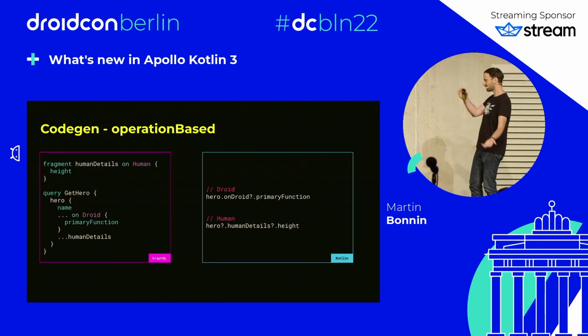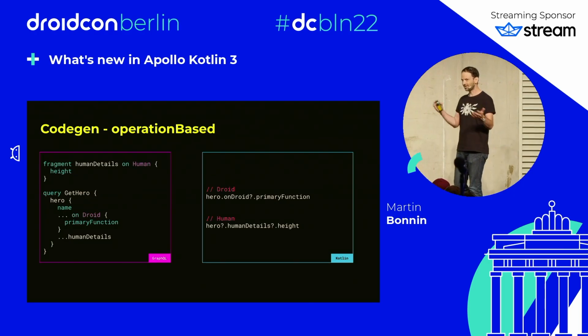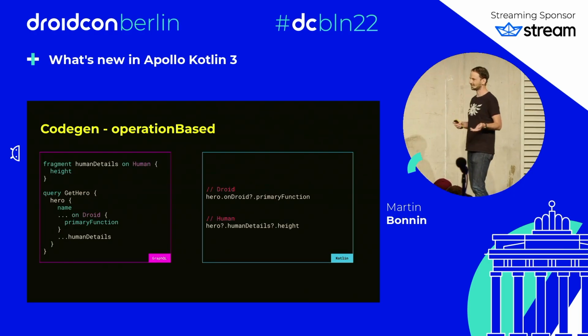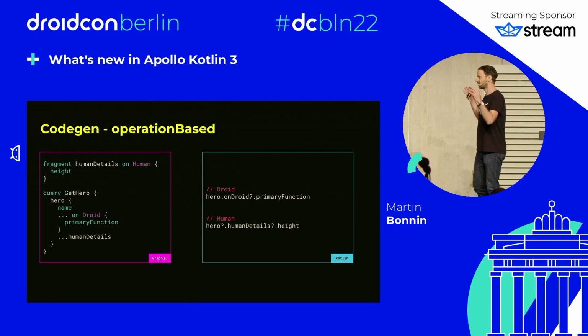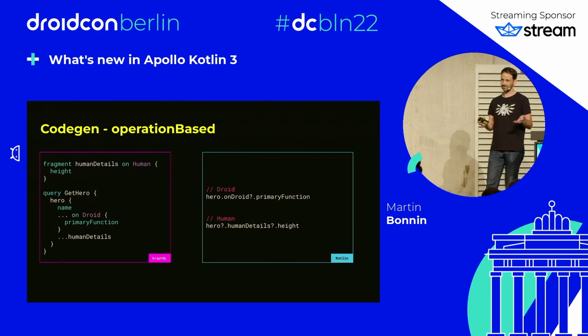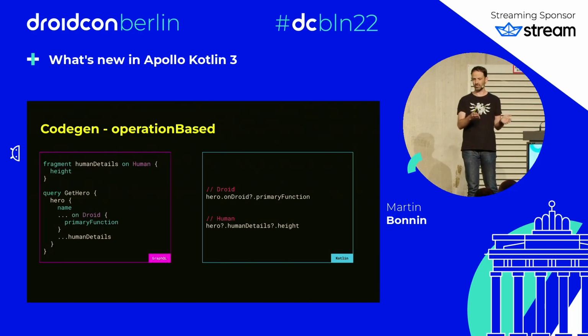So we went back a little bit and were, okay, this is cool. We have all the type information. This is really nice, but in some cases, this will just not work because it's too much codegen, it's too much code. So instead of generating models based on the JSON response, we went back and we said, hey, if the GraphQL language is so expressive, we could use that in Kotlin as well and model our data classes after the GraphQL operation.